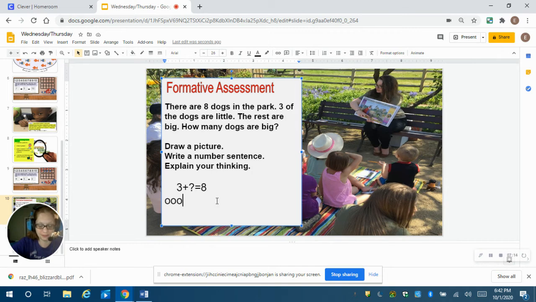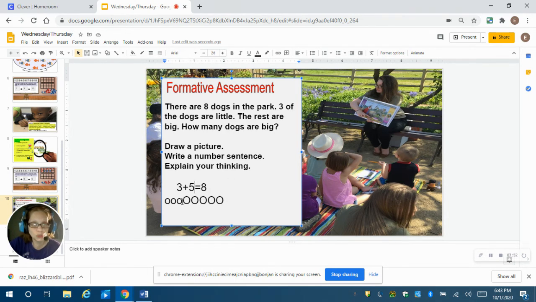So I have here 3, 4, 5, 6, 7, 8. I have 3 little dogs. And how many big dogs? 1, 2, 3, 4, 5. So 3 plus 5 equals 8. So I have the answer here. 3 plus 5 equals 8.